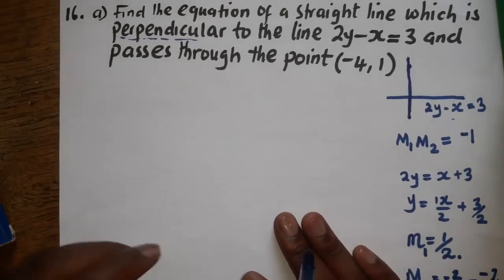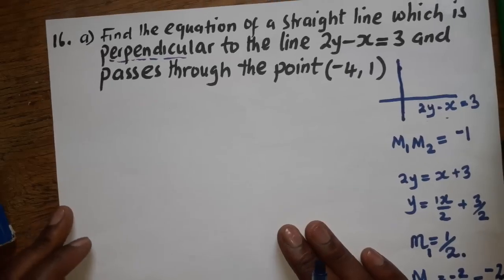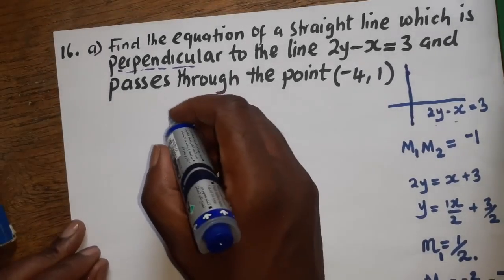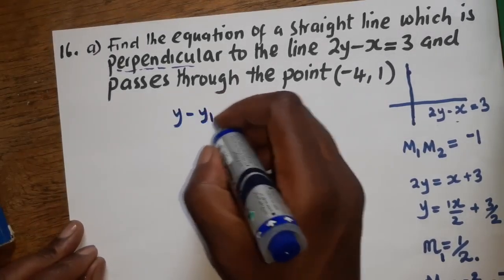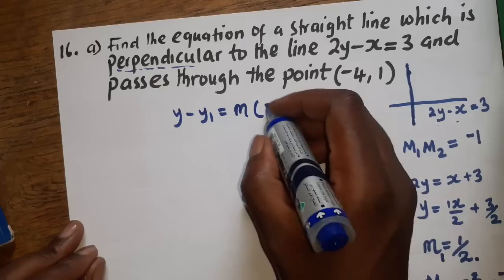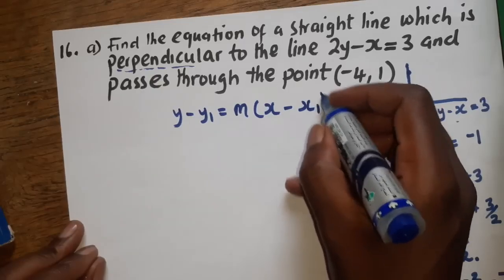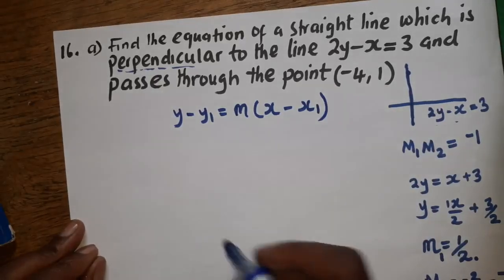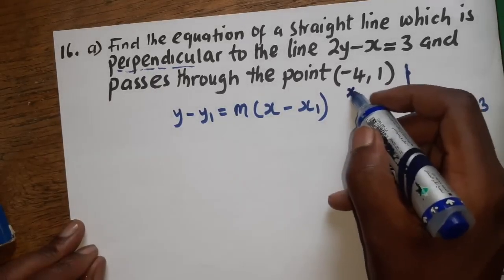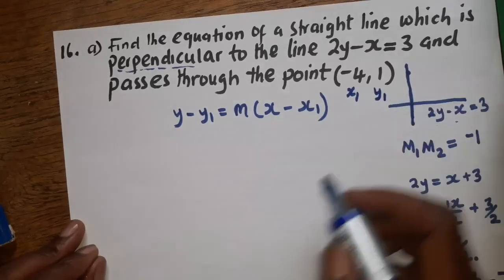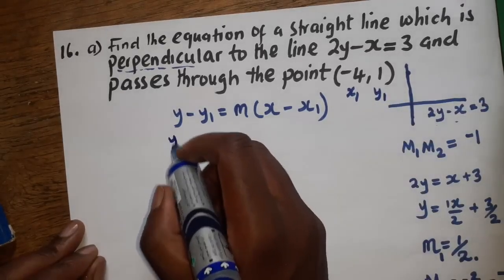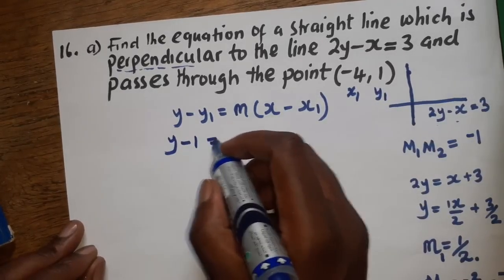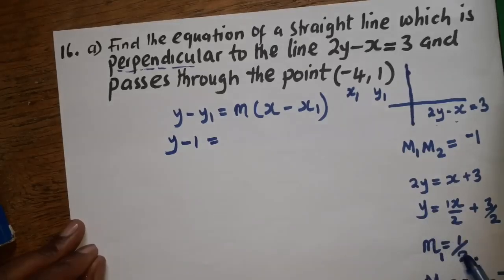So now we need to write the equation using the formula y minus y1 equals m times (x minus x1). We take this one as our x1, this one as our y1. So we have y minus 1 equals our m.